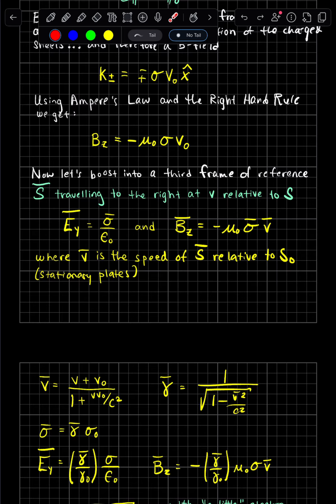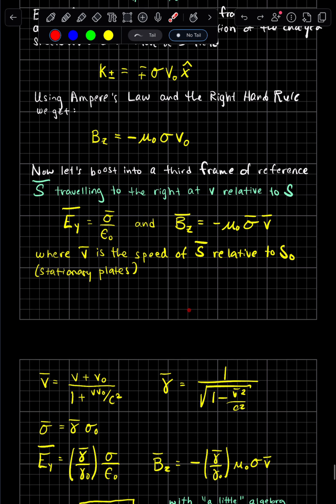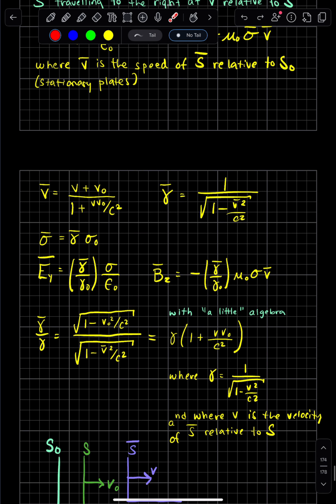The E field is going to be sigma bar over epsilon naught, and the B field is going to be negative mu naught sigma bar v bar, where v bar is the speed of S bar relative to S naught. By velocity addition, we can write v bar in terms of its relation to the stationary frame.